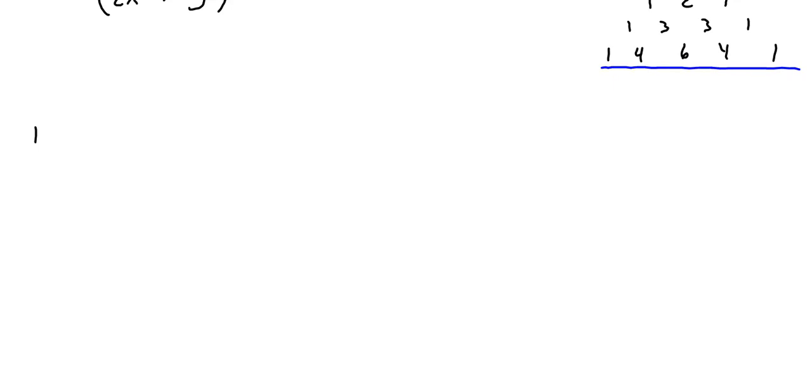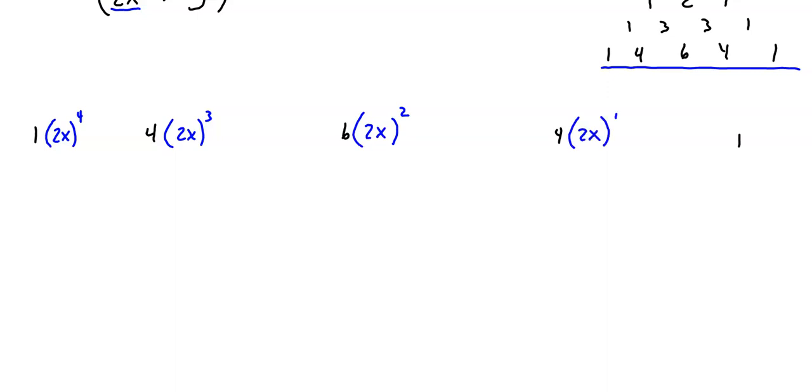So 1, 4, 6, 4, and 1. And let's follow our rules. I take this first piece and start with the fourth power and go down. So 2x to the fourth power, 2x to the third power, 2x to the second power, 2x to the first power, and then none on the last one.